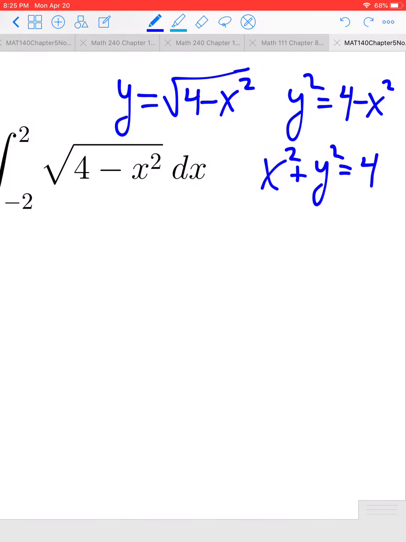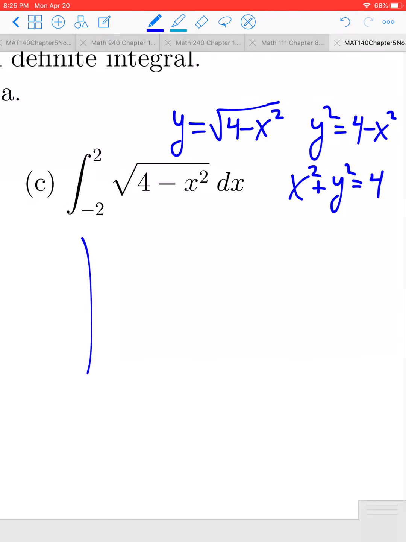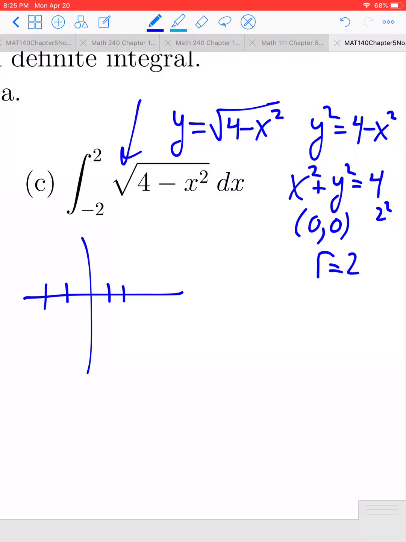Some of you might recognize this from college algebra, but this is actually the equation of a circle whose center is at 0, 0, and whose radius would be 2, because 2 squared gives us 4. However, we don't have the entire circle because we have the positive part of the radical. We just get the upper half, and we get the following semicircle.